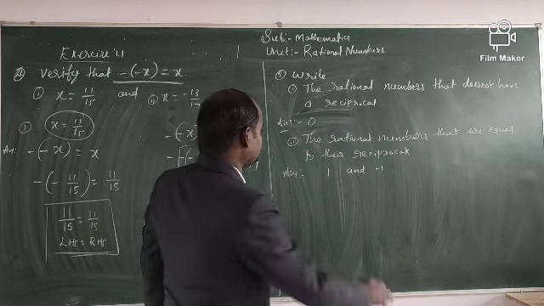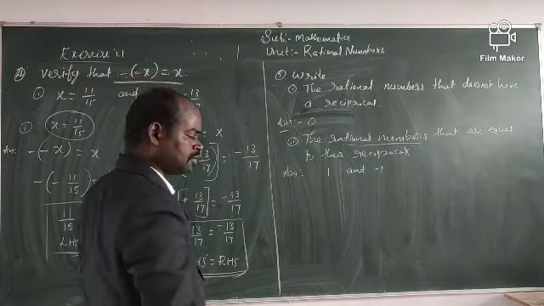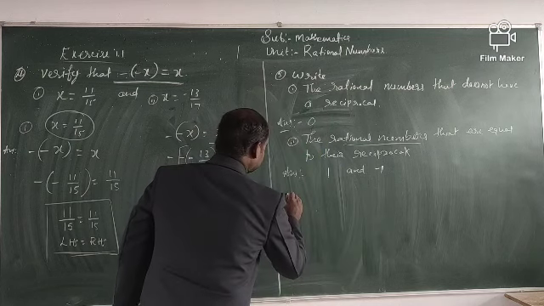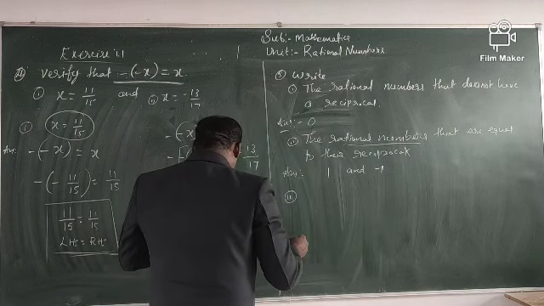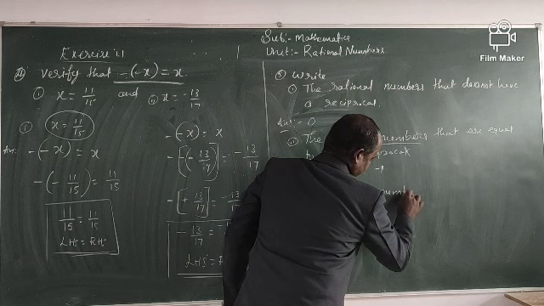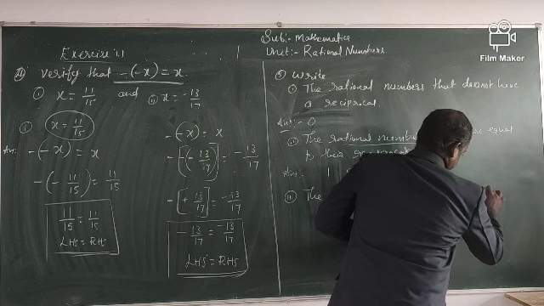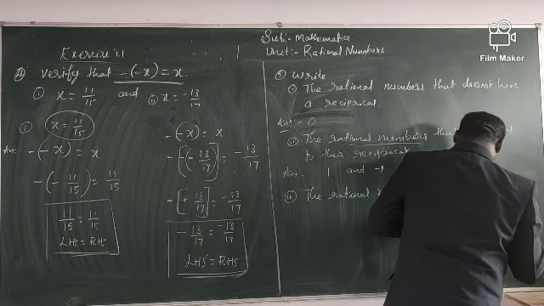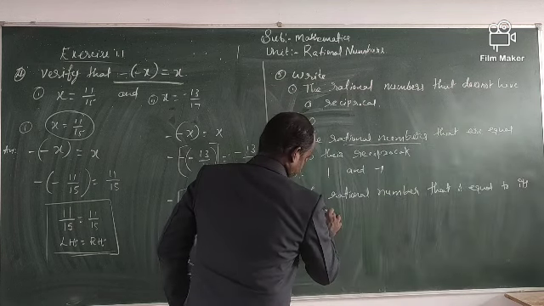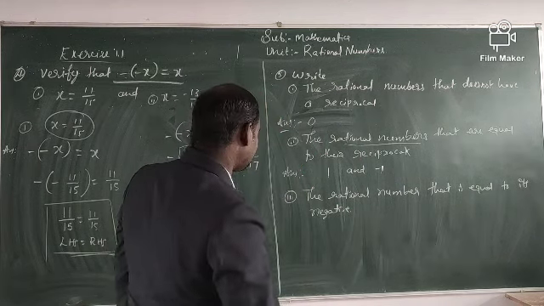Understand the question properly: the rational numbers that are equal to their reciprocals are 1 and minus 1. Next, third problem: the rational number that is equal to its negative. The rational number that is equal to its negative is 0.